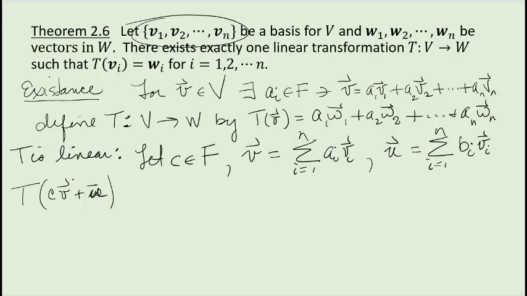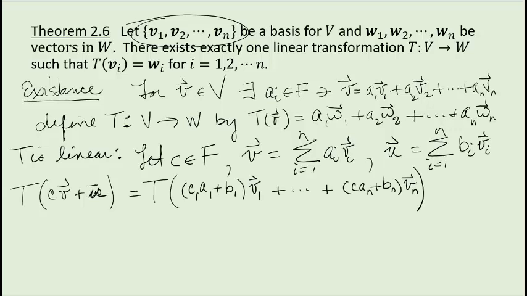So I'm going to just add these two vectors together to save time. I just added CV and U together, and we get this. And we know what T does.